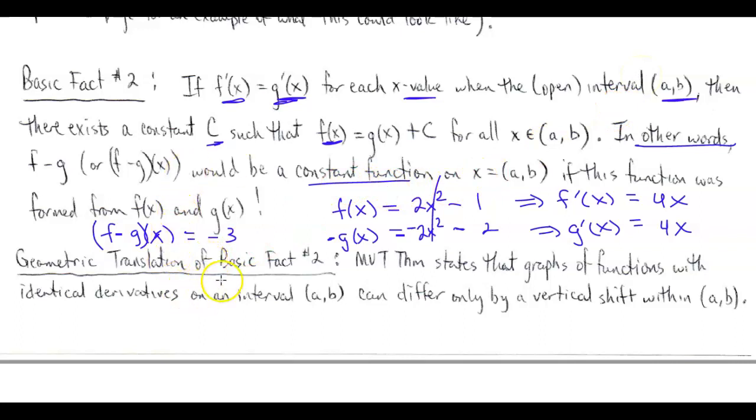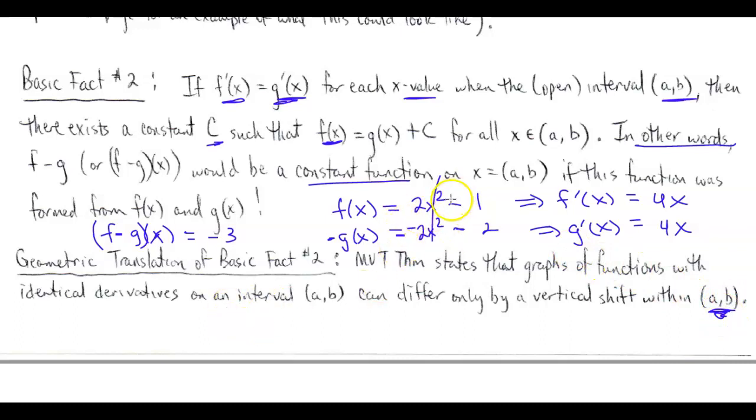Now the geometric translation of this basic fact just basically says mean value theorem states that graphs of functions that have identical derivatives can differ only by a vertical shift within this x value interval here from x equals a to x equals b.